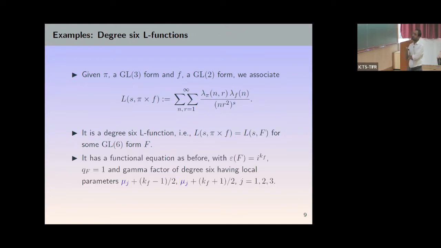And it has again a nice functional equation with root number i to the power k_f, and the arithmetic conductor will be 1, and the gamma factors. Here, just focus on these gamma factors, which will be six in number, and they involve local parameters from the GL3 form and the GL2 form. The mu's are the local parameters coming from the GL3 form, and (k_f minus 1)/2 or (k_f plus 1)/2 are associated to the GL2 form.